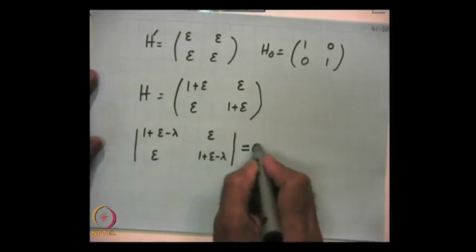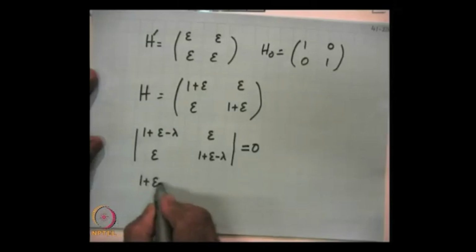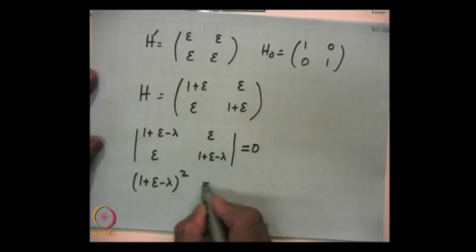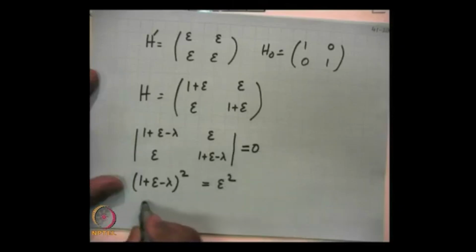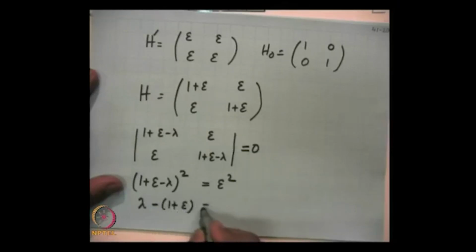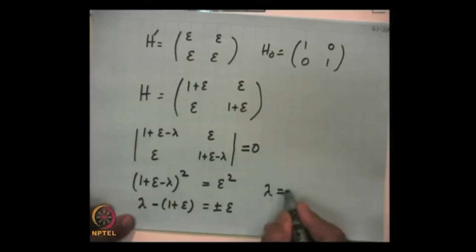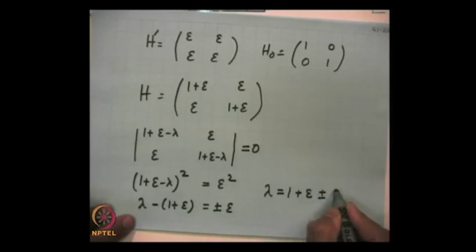This is equal to 0. So, you have 1 plus epsilon minus lambda whole square is equal to epsilon square. So, you can write lambda minus 1 plus epsilon is equal to plus minus epsilon. So, you will get lambda is equal to 1 plus epsilon plus minus epsilon.